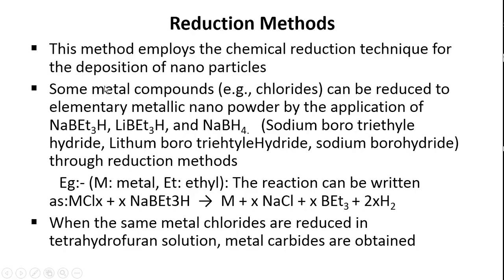Some examples I have given here. Some metal compounds like metal chlorides can be reduced to elementary metallic nanopowder by the application of NaBEt3H. What is NaBEt3H? Na means sodium triethylborohydride. Similarly, LiBEt3H, lithium triethylborohydride. These are reducing agents used with chloride materials.